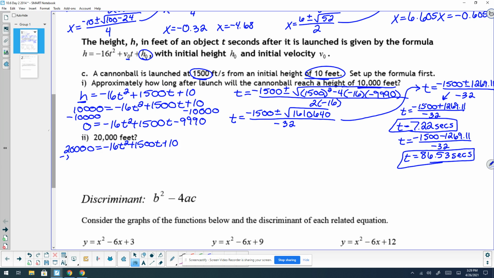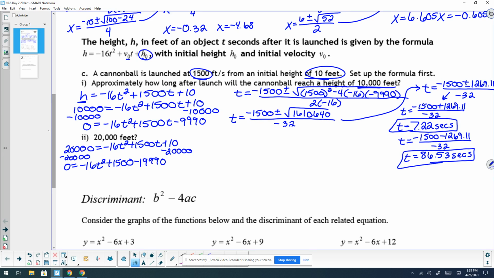I would have to subtract the 20,000 from both sides. So 0 equals negative 16t squared plus 1,500 minus 10 minus 20,000 is 19,990.